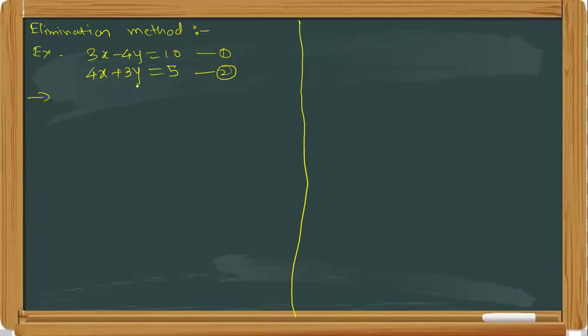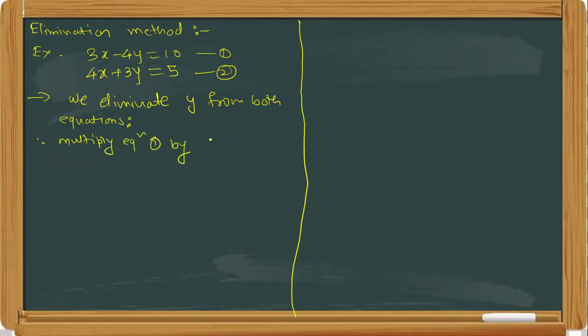Now, what I have chosen, we eliminate y from both equations. For that, we need to multiply equation 1 by the coefficient of y in equation 2, which is plus 3.